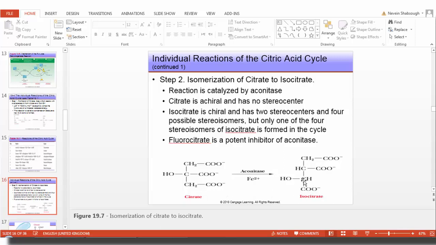Notice here, isocitrate has 2 chiral carbons with the possibility of 4 isomers, but only one of them is being formed in the cycle. They found that fluorocitrate is a potent inhibitor of aconitase.